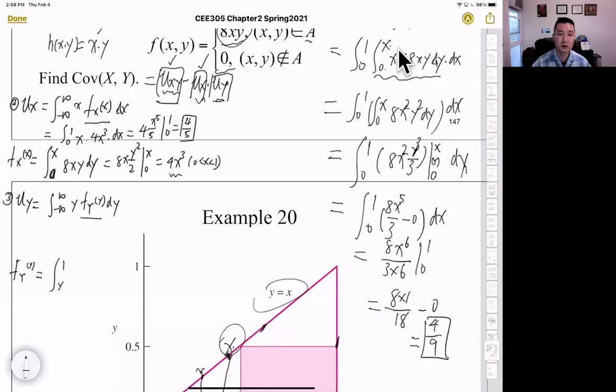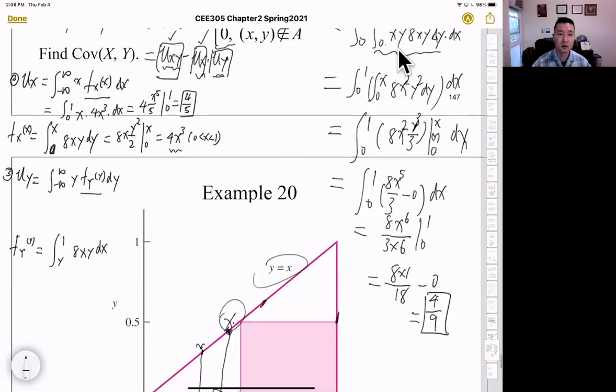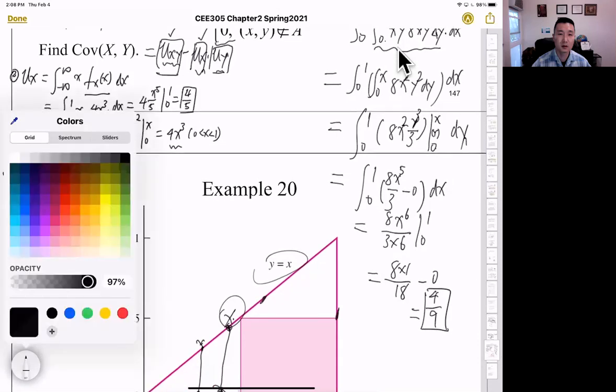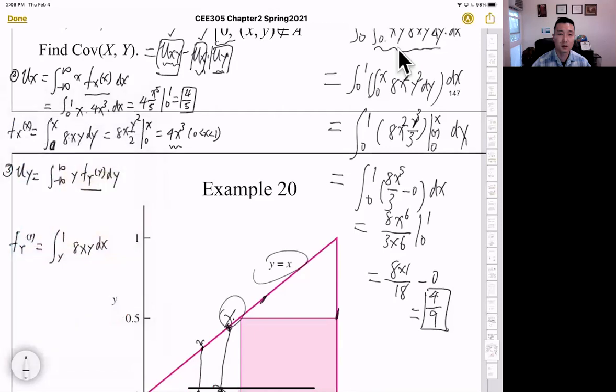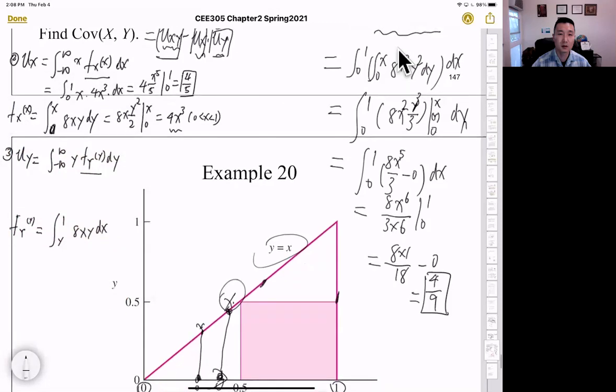That will be the integration of f(x,y), which is 8xy, dx. And the range is between y to 1, which is when we fix a certain y value.